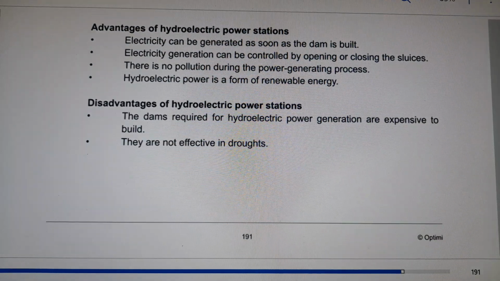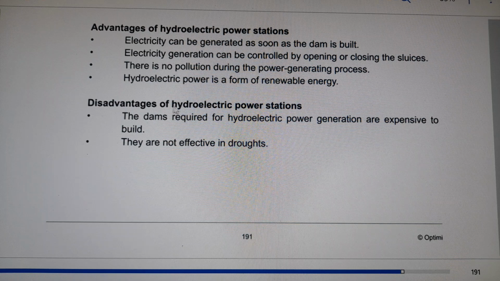Okay, and advantages of hydroelectric power stations: electricity can be generated as soon as the dam is built. Electricity generation can be controlled by opening and closing the sluices, which are those gates. There is no pollution during the power generating process, and hydroelectric power is a form of renewable energy.